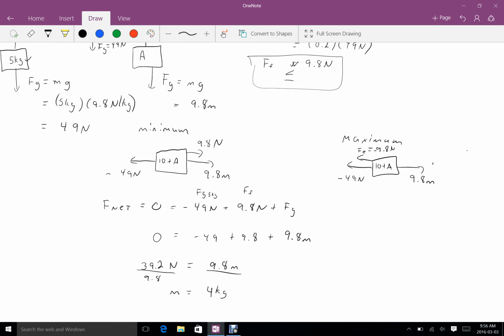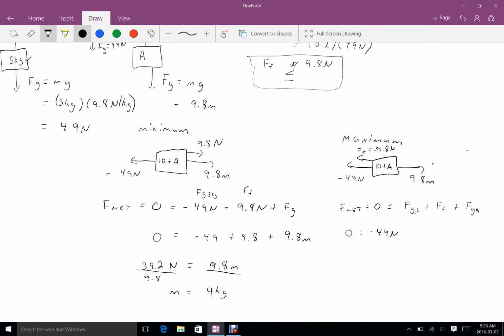Again, for these to be stationary, we have to say that the net force is equal to 0. And that's going to be equal to my Fg on my 5 kilogram hanging, so I'll call that Fg5, plus my force of friction, plus my force of gravity on object A. Now I know this is negative 49 newtons.